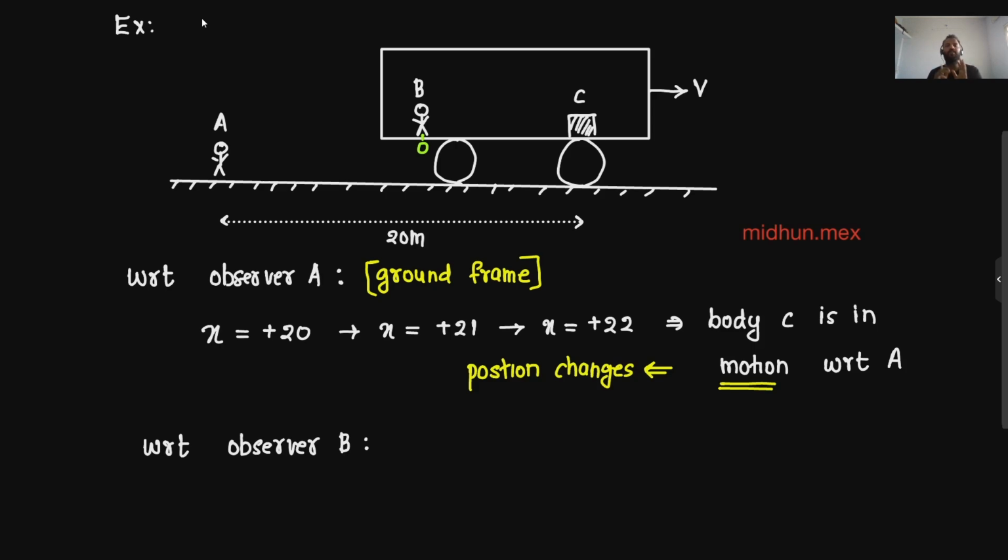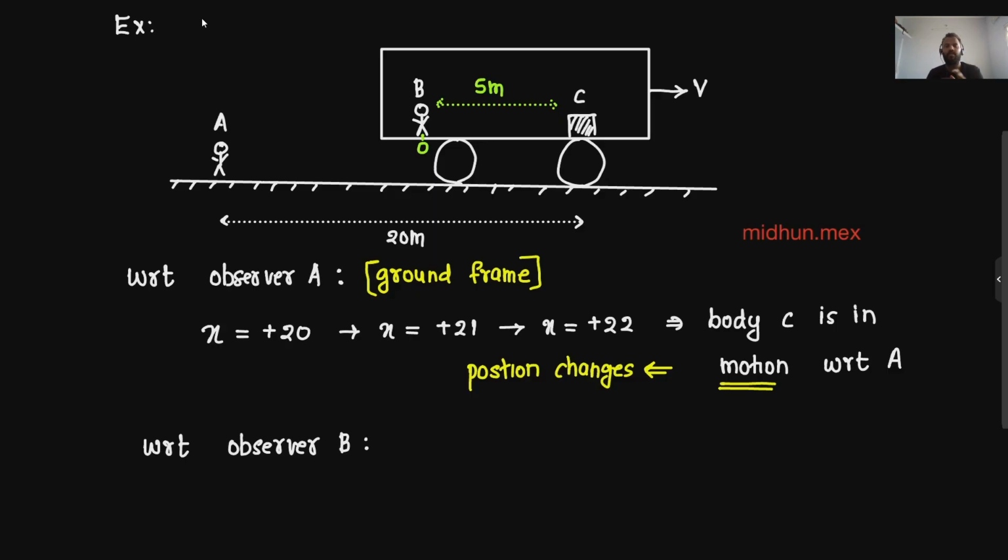Origin is where observer B is standing. And with respect to this observer, this block is somewhat 5 meters away. Okay. Now tell me very clearly, where is observer B standing?